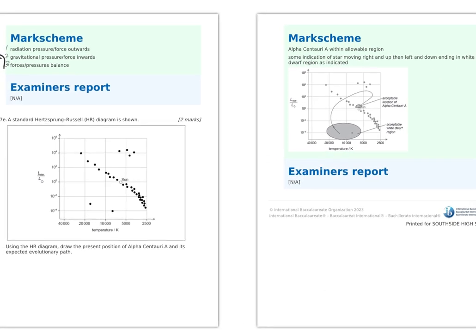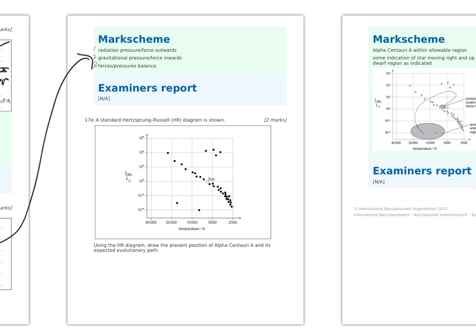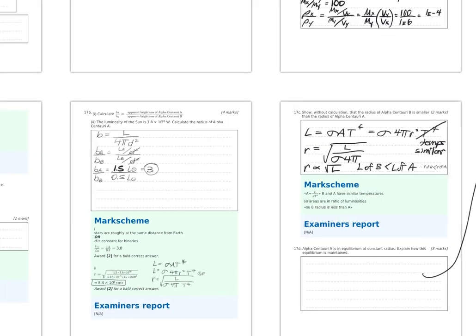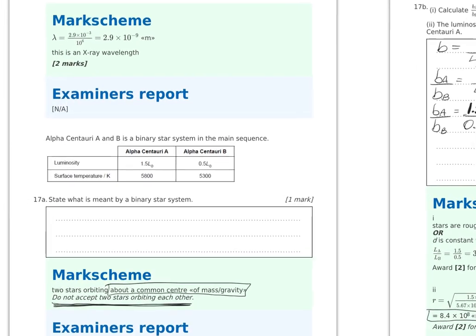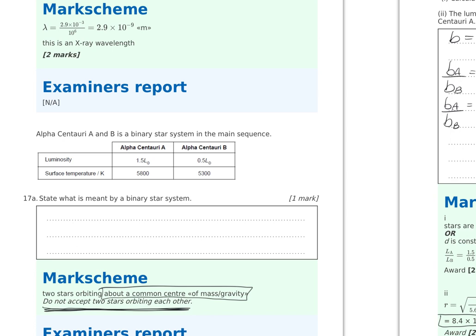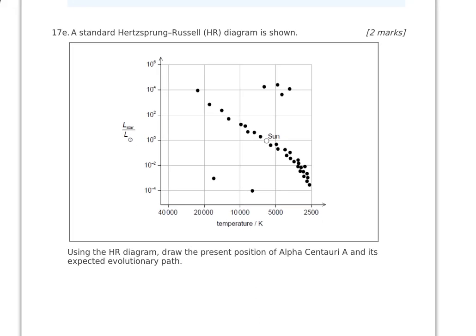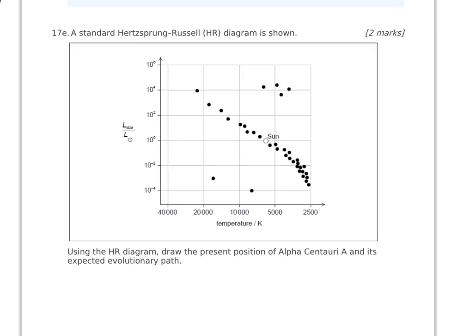Is this the last one? This is the last one. Cool. All right, draw the present position of alpha A and its expected evolutionary path. So alpha A, based on luminosity and temperature: the luminosity of A is 1.5 L sun, and it's 5,800 Kelvin. 1.5, which is roughly 1, and 5,800, which is pretty much the sun.